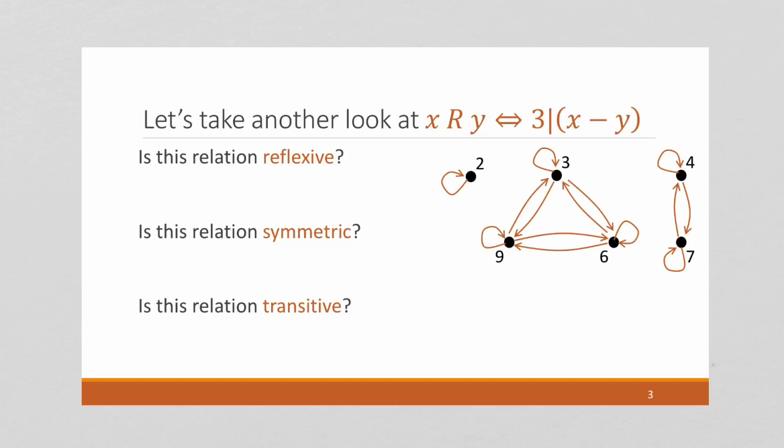So here's a relation. We saw this relation in a previous video. This is the divisibility by 3 relation with numbers 2, 3, 4, 6, 7, and 9. And we want to know, is this relation reflexive? Well, remember the definition of reflexive, which is for all x in our set, x is related to x. So for each element here, is it related to itself?